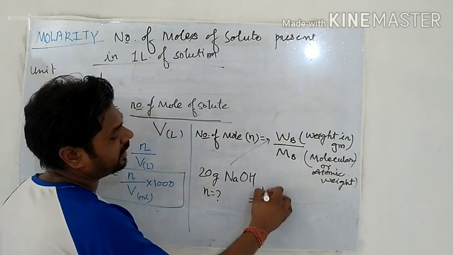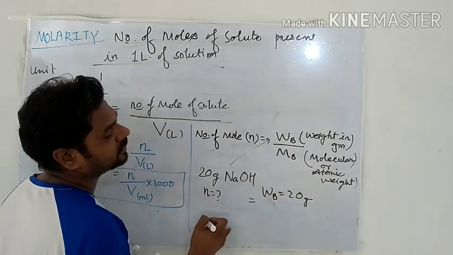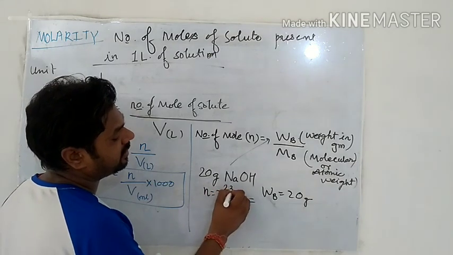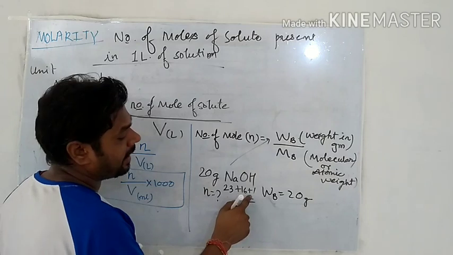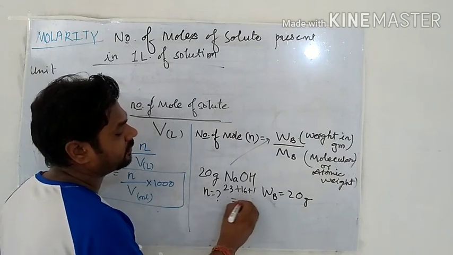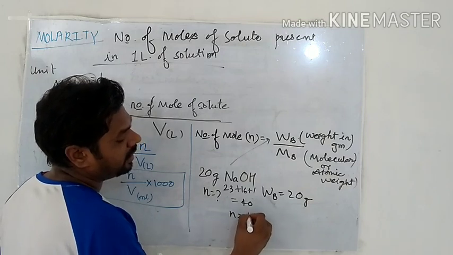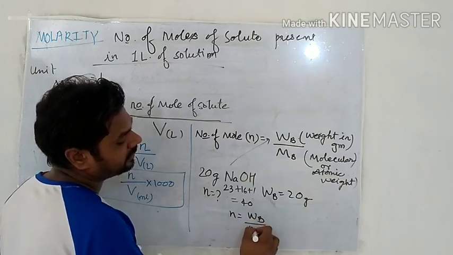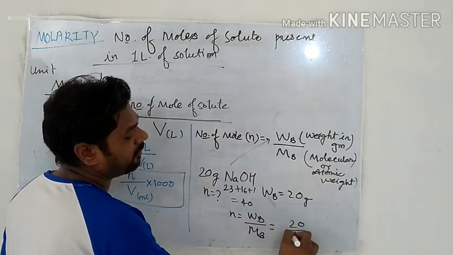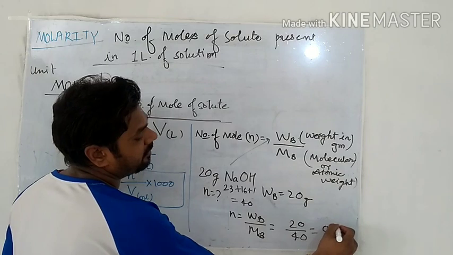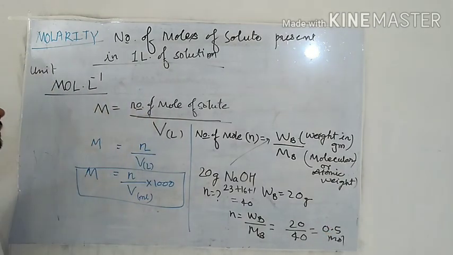Molecular weight of sodium hydroxide is 23 plus 16 plus 1, atomic weights of the elements, and the sum becomes 40. So number of moles n is equal to WB upon MB. 20 divided by 40, we get 0.5 moles, and that is the answer.